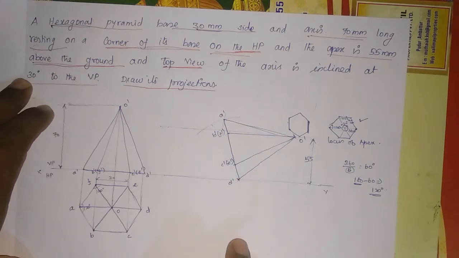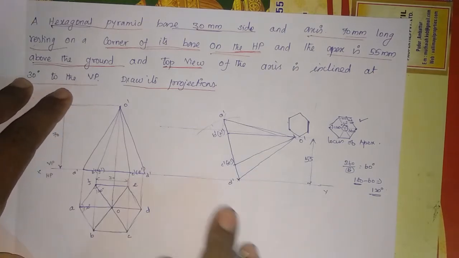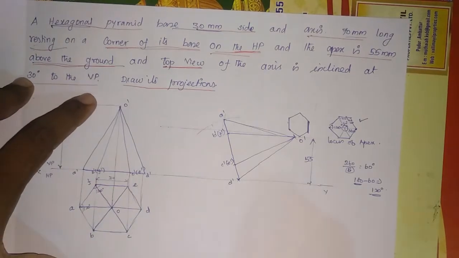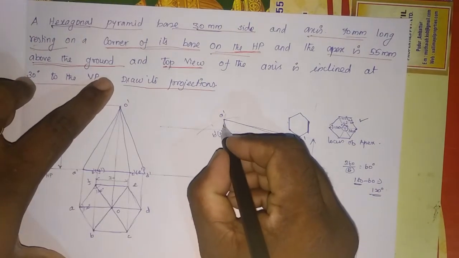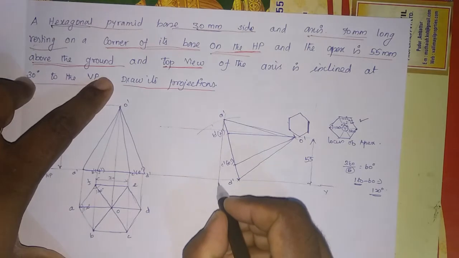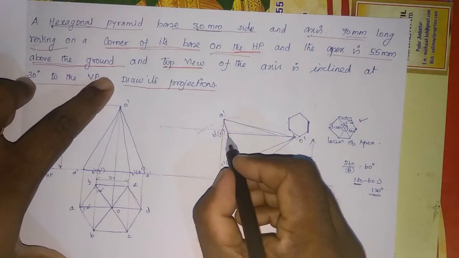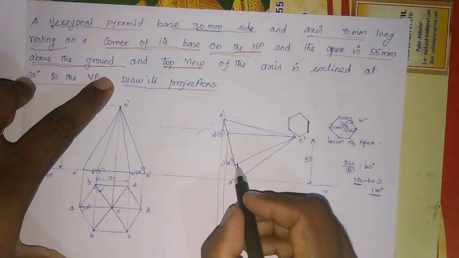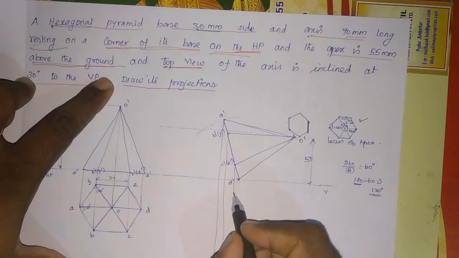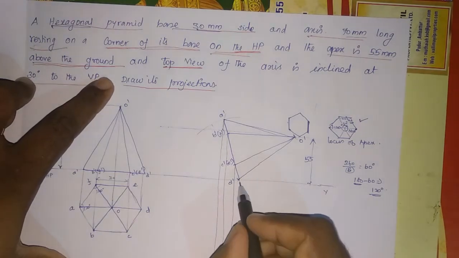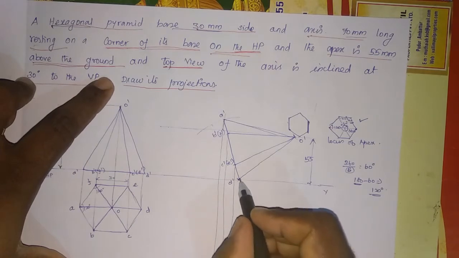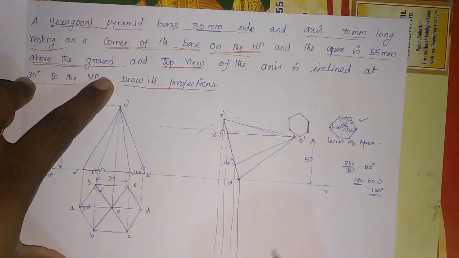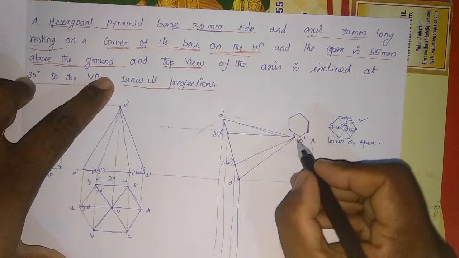So we need to draw the top view of the given position in the question. Just project it. Projections from each and every point: A dash, B dash and F dash, C dash and E dash, D dash, and O dash.